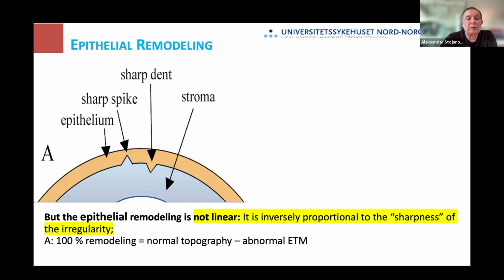In this case, we will have normal topography, because the anterior surface does not show the stromal irregularities underneath. But if we look at the epithelial thickness map, it will show us thinning over the spikes and thickening over the dents.